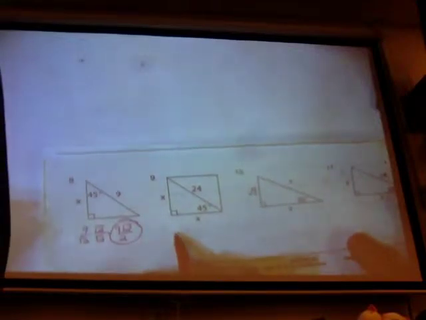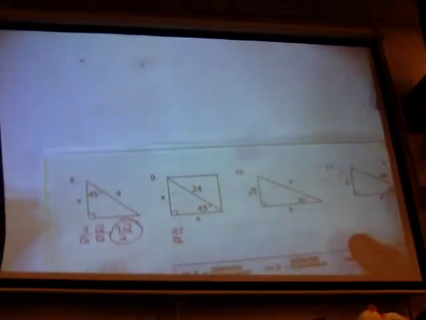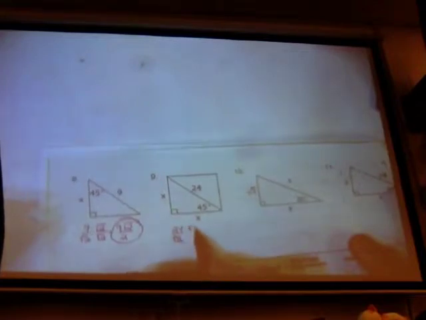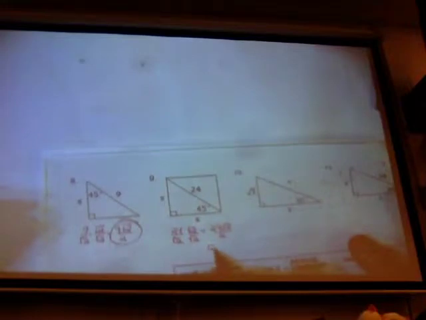X equals 24 over radical 2. Can I leave it like that? No. So what would I do now? Multiply the numerator and denominator. You're dividing because you're going from a longer to a shorter side. So you're dividing it. It kind of makes sense for you to remember that. So you would get 12 radical 2.